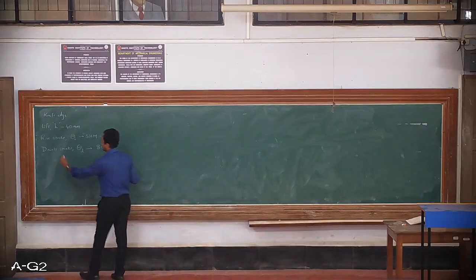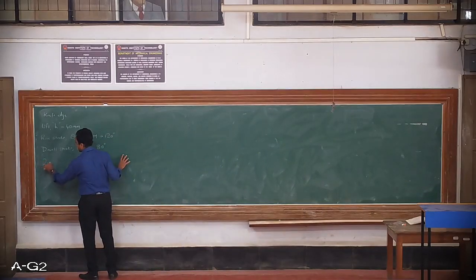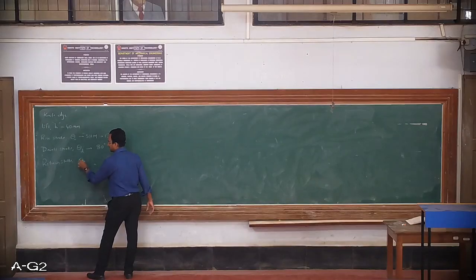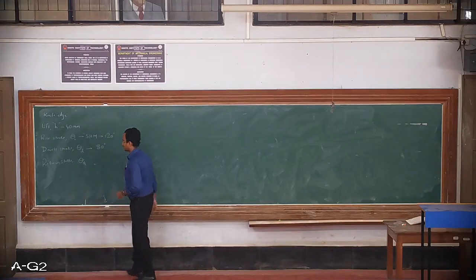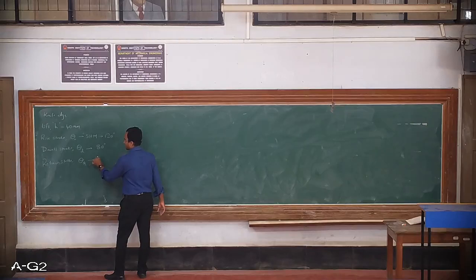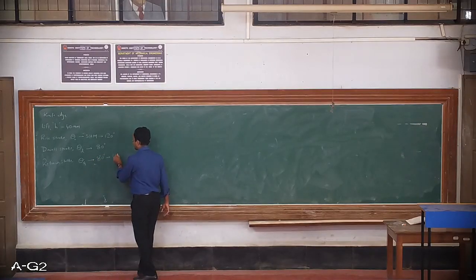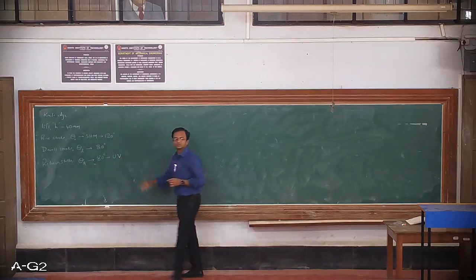That means after dwell, there is a return stroke, which I am going to represent as theta r. This is for a period of 80 degrees and the type of motion is uniform velocity.